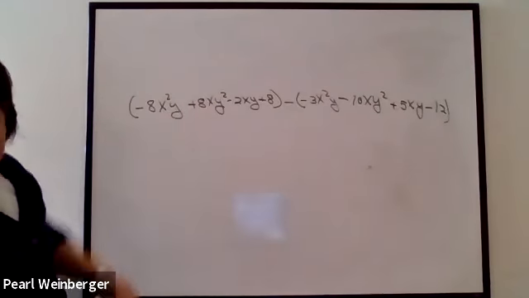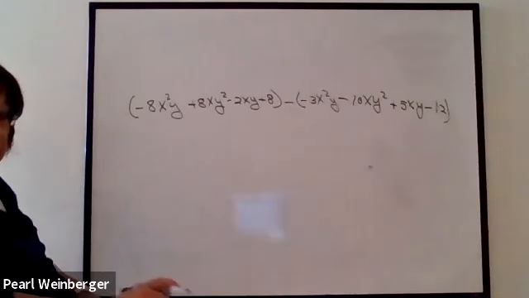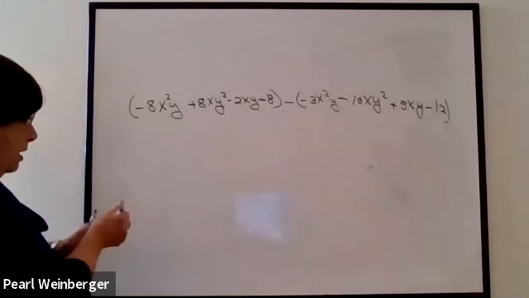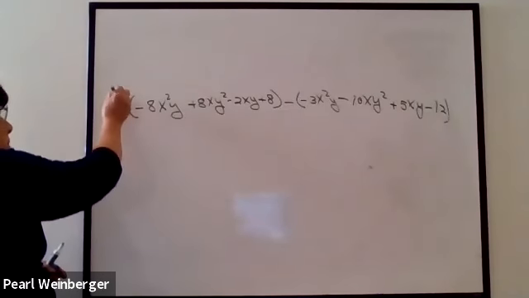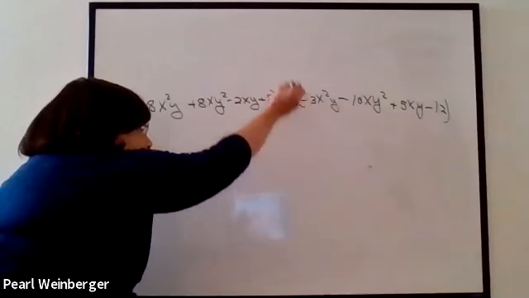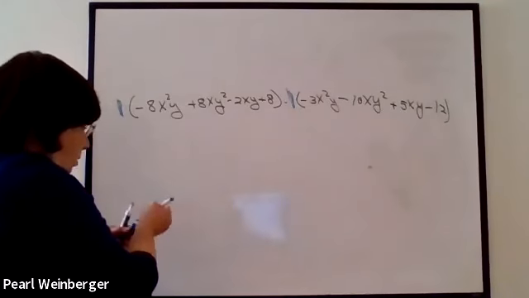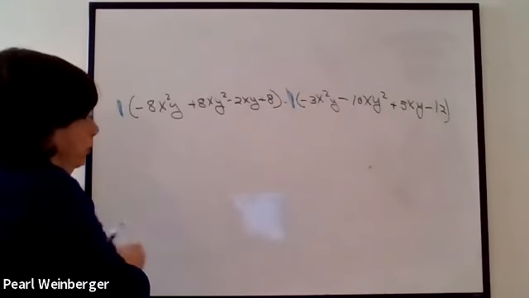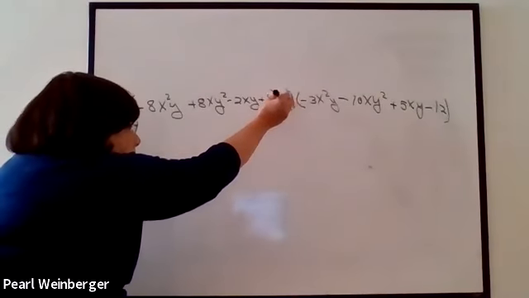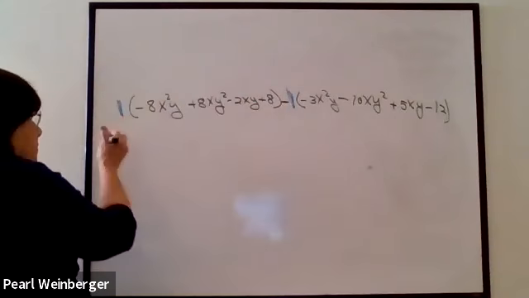These are each 4 terms each. When you have parentheses and there are no numbers in front of the parentheses, remember what I said, it's as if there is a 1 in front of it that you just don't see. So there's a 1 here and a 1 here. And what you want to do is remove the parentheses and combine the like terms. A positive 1 in front of a parentheses doesn't change anything.